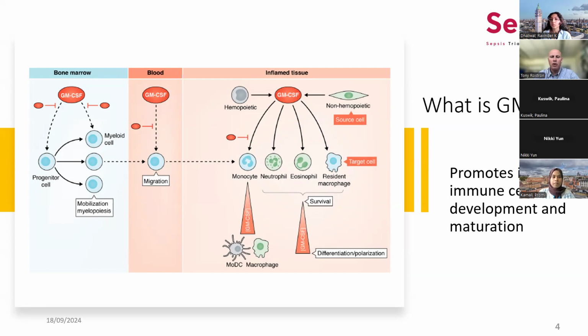It can be produced by cells that are found in the blood, but also cells that aren't found in the blood. And as I say, it leads to maturation of different forms of white cells in our blood. So principally cells of the innate immune system, although as a result of its effect on the cells of the innate immune system, it also has an effect on cells such as lymphocytes.